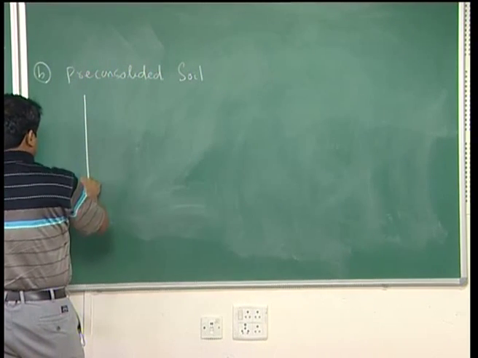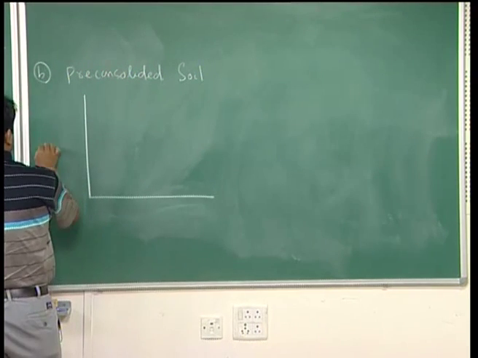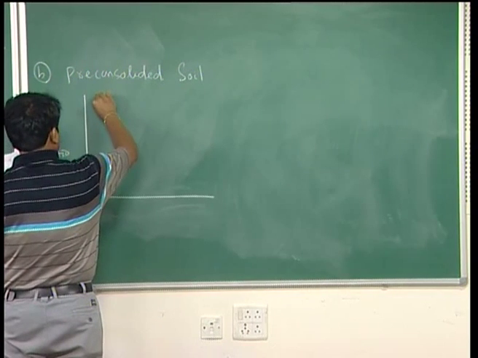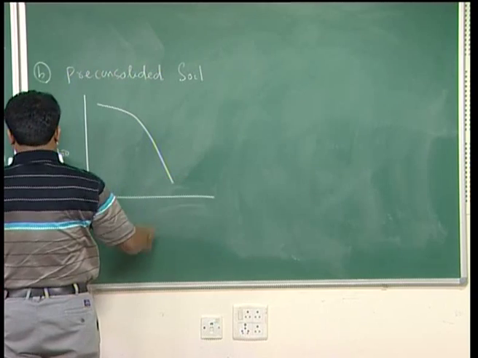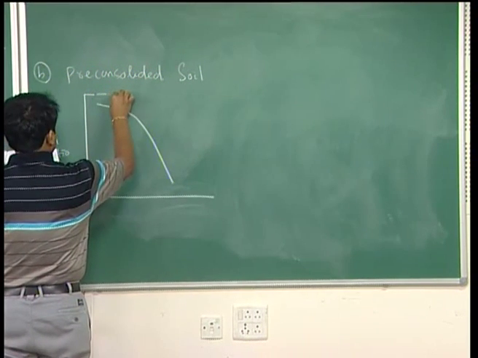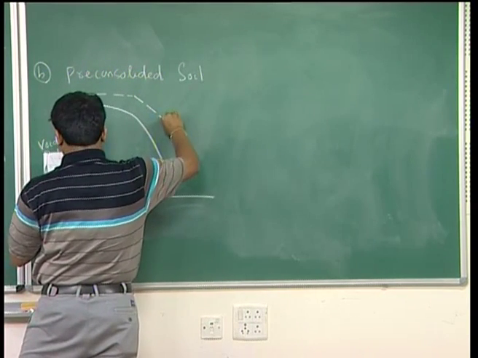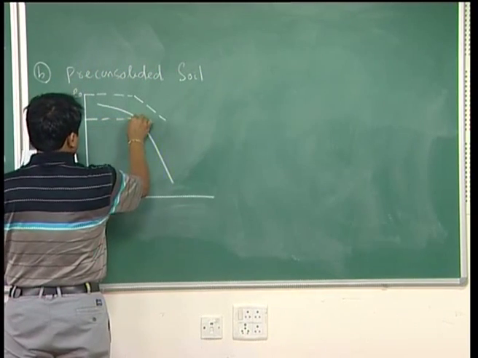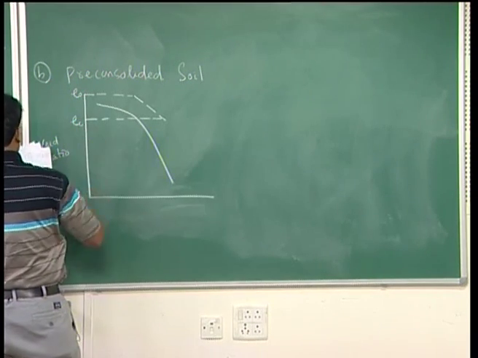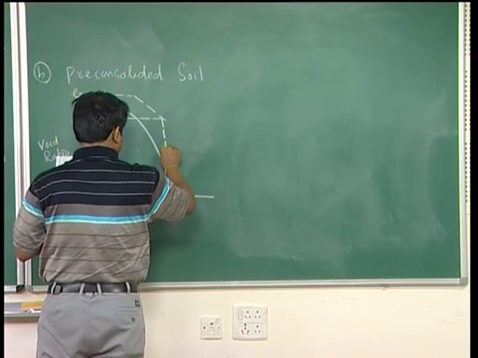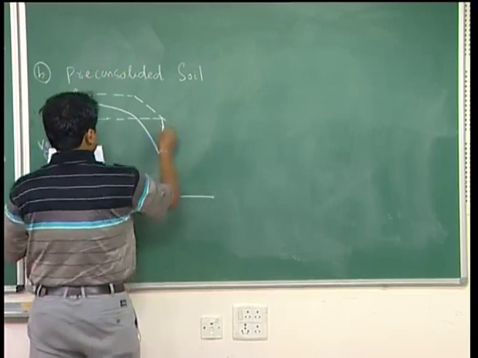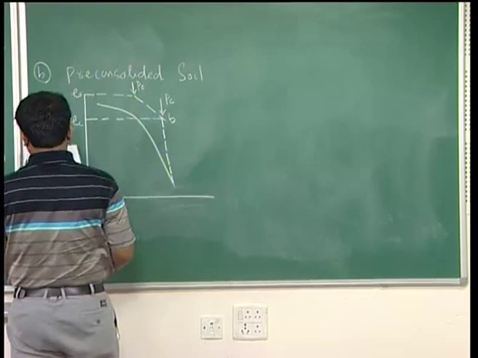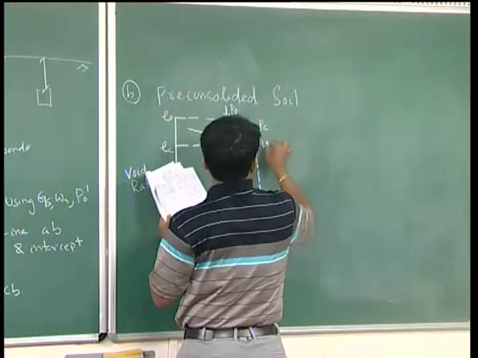Now, in the case of pre-consolidated soil, just draw your E versus log P. This is my E0, this is EC, this is PC, and it is P0, and this is A, and this is B.